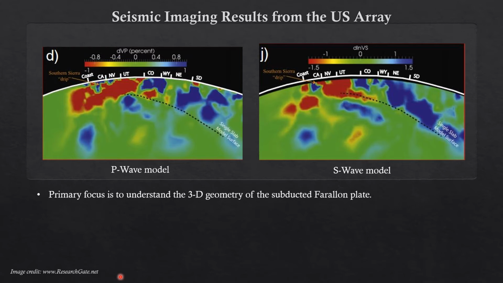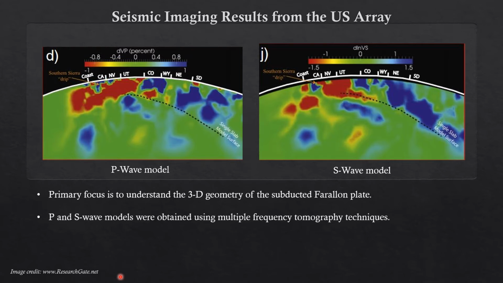This technique is used to measure and display the three-dimensional distribution of velocity or reflectivity of a volume of the Earth by using numerous sources and receivers. P and S wave models were obtained using multiple frequency tomography techniques. This waveform-based method interprets travel time and amplitude anomalies derived from the cross-correlation of observed seismograms.